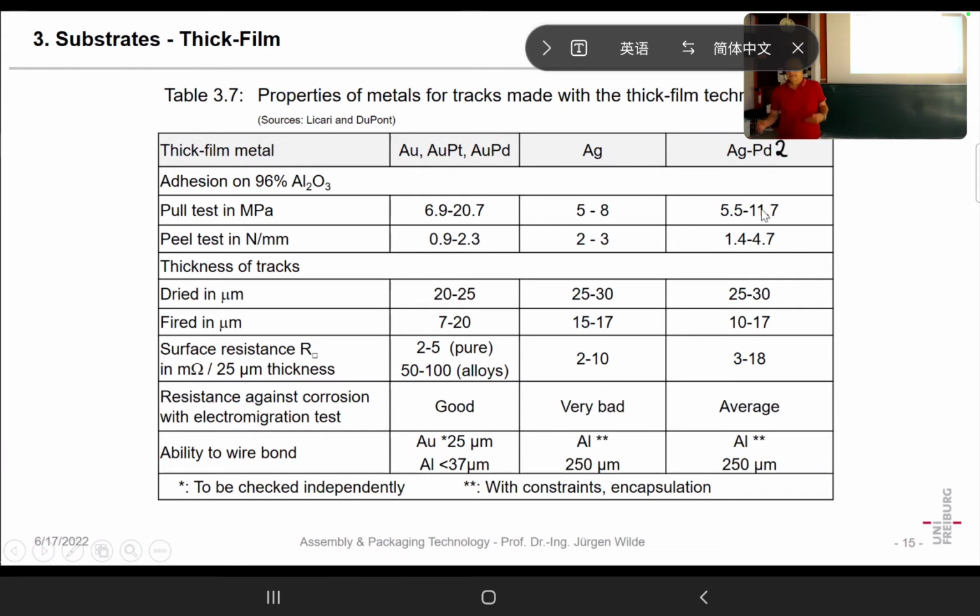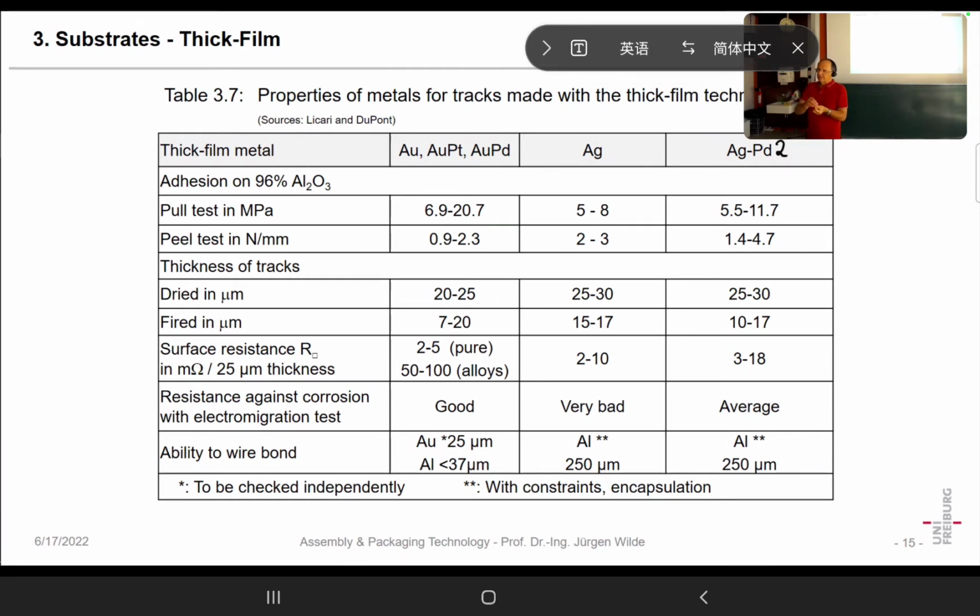Silver palladium is important. First of all, it's similar in properties to pure silver, but we do not have that leaching effect. When you have a silver wire and you solder it with a soldering iron, you will notice that if you are soldering too long, the wire is gone because it dissolves in the solder.